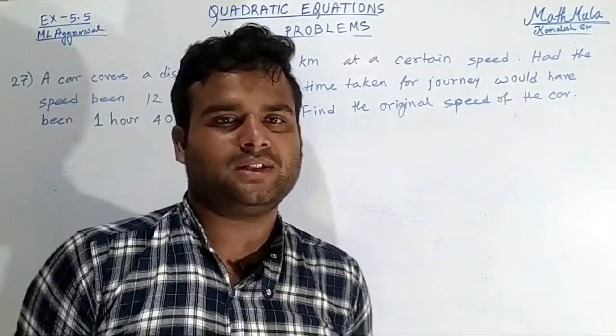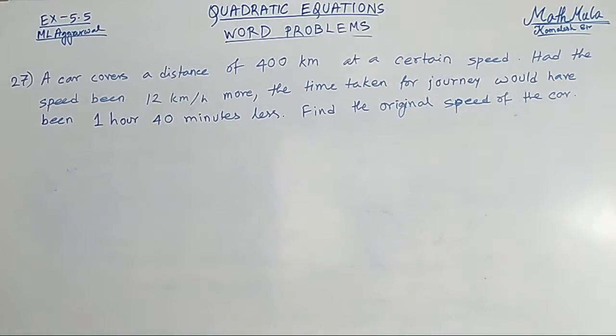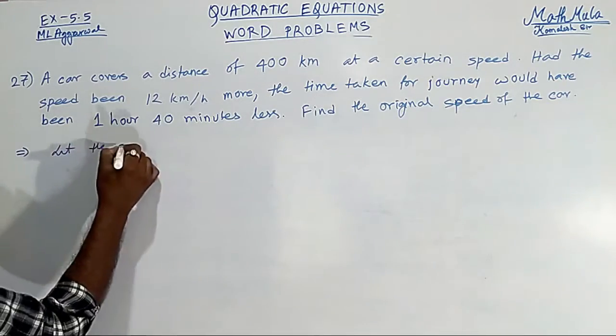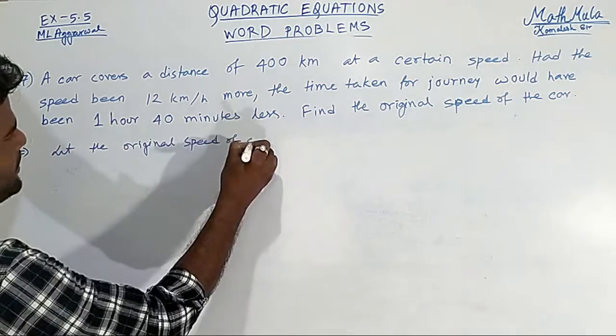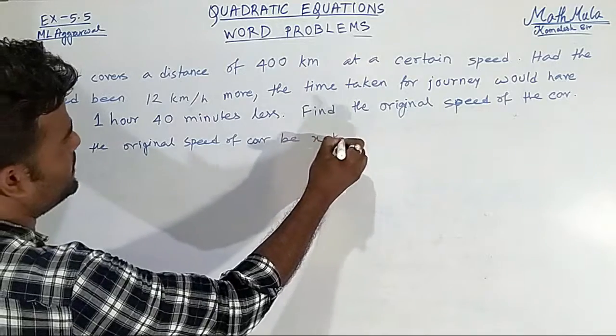Now we solve sum number 27. A car covers a distance of 400 km at a certain speed. Had the speed been 12 km per hour more, the time taken for the journey would have been 1 hour 40 minutes less. Find the original speed of the car. Let the original speed of the car be x km per hour.